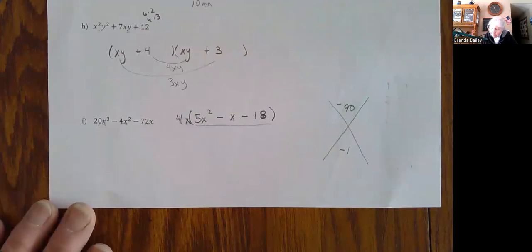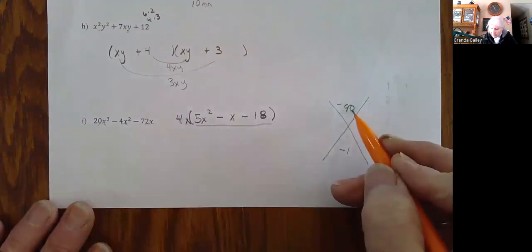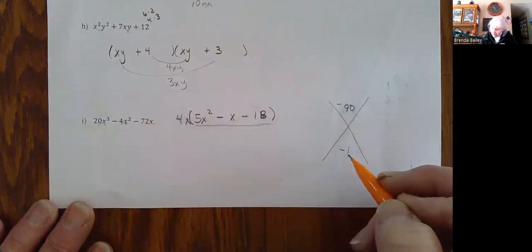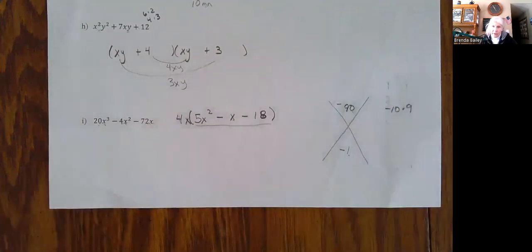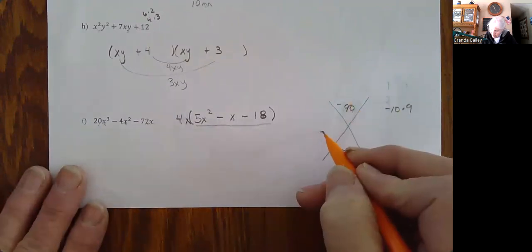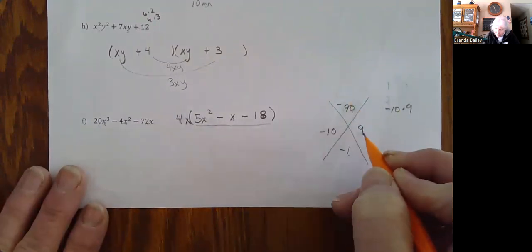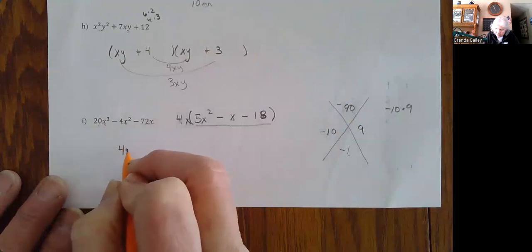So what multiplied together gives you a -90, but added together gives you a -1? Well, it's -10 times 9. You could have tried the whole list like we were doing with the 80 and thinking, okay, something's wrong here. It's not working. So here you've got a -10 and a 9. We've got the 4x out front.